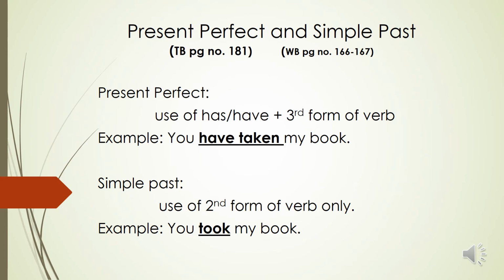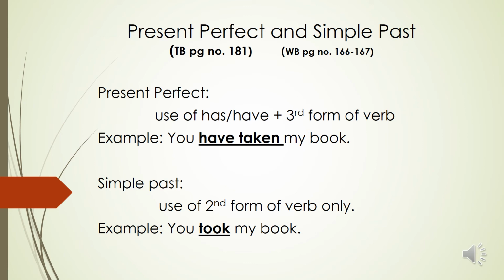Sometimes students mix these two concepts, meaning they don't understand where to use which form of verb. So I have made slides of these two concepts. This concept is also given on page number 181 of textbook and on page number 166 to 167 of workbook.